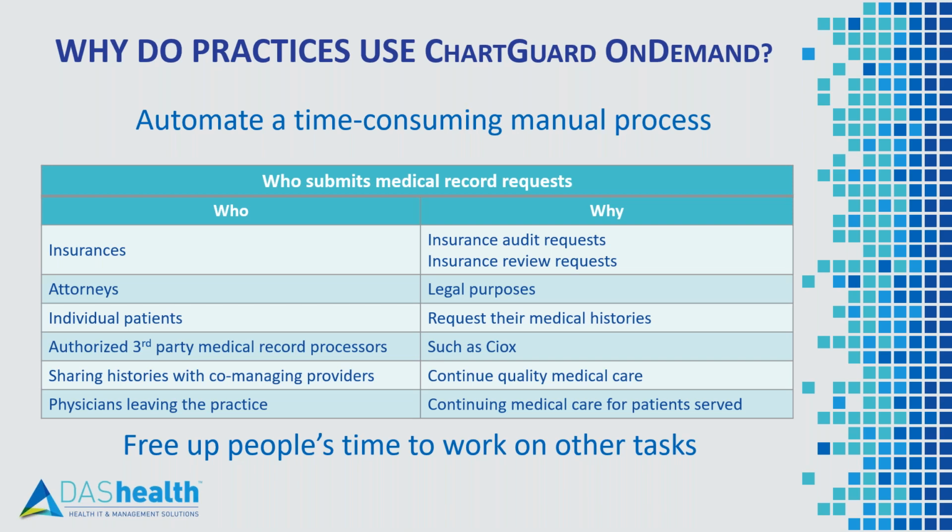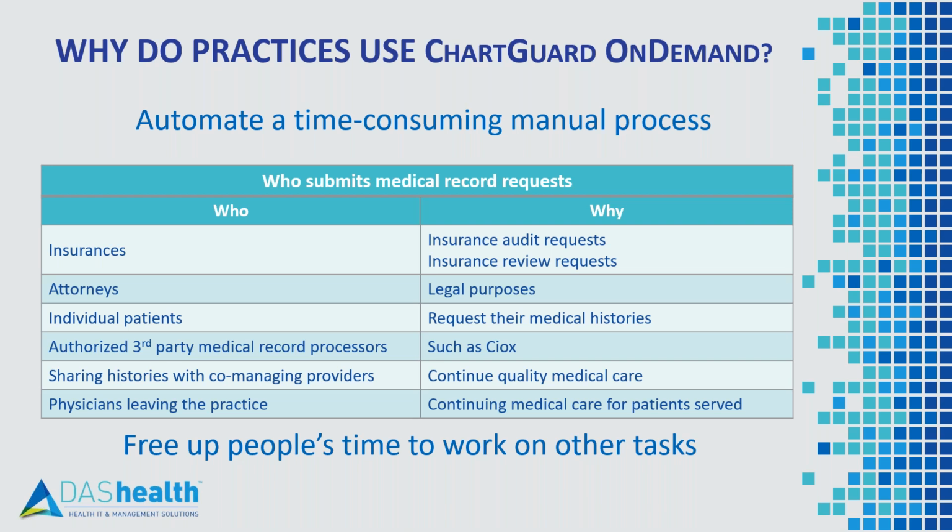Insurances submit requests for audit and review purposes, and sometimes you can get a request asking for medical histories of 50 to 60 patients in one request. We've even talked to practices that said they've received requests for up to 500 patients from an insurance. It takes a long time to gather the information that they are requiring.